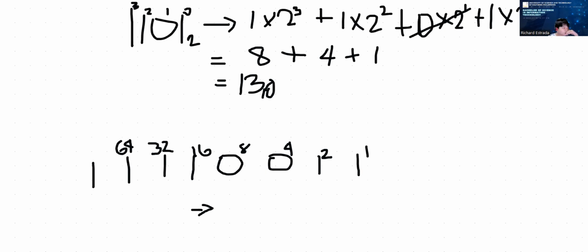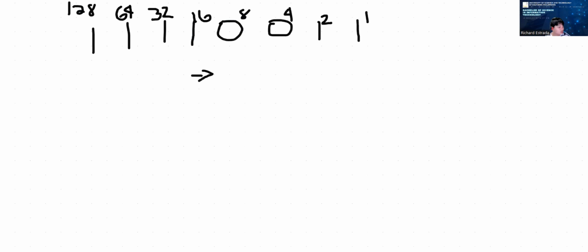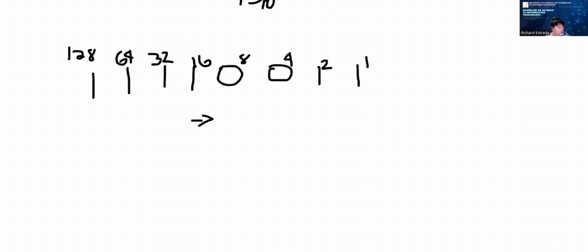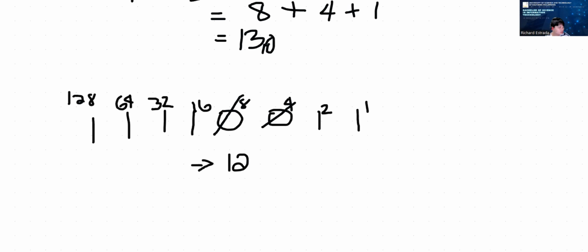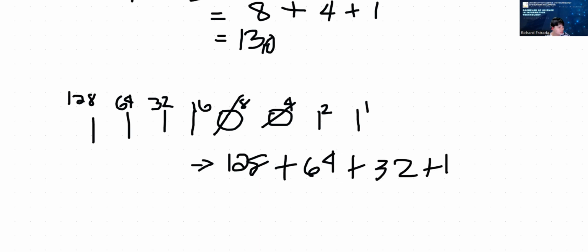Okay, so 128. For example, we have 11110011. Let's use this as the example. In order to convert it, you add the places that have 1. The 0, you cancel. You add 128 plus 64 plus 32 plus 16 plus 2 plus 1.